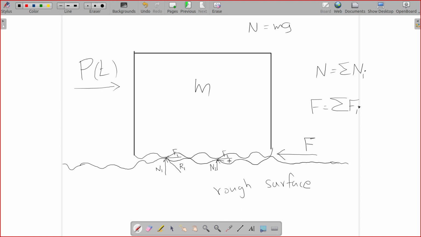Let's call it R1, R2, etc. So the total R will be, so these are all vectors, the R vector is nothing but the sum of the N vector and the F vector. So this is how the frictional force works.